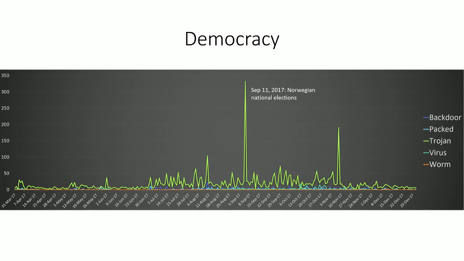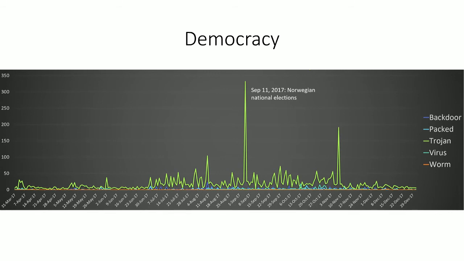So now let's talk a little bit about democracy, because especially since the 2016 US presidential election, we're still trying to work out what happened with that one. But I can show you that elections are strong magnets for malware. And since the United States is going into an election in just a couple of weeks' time, this is really important.